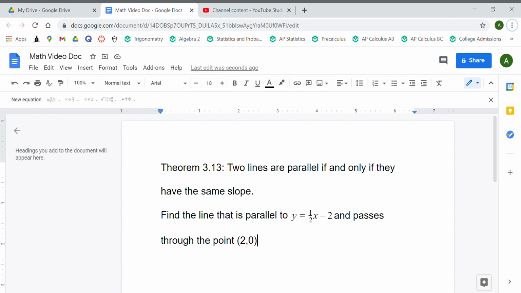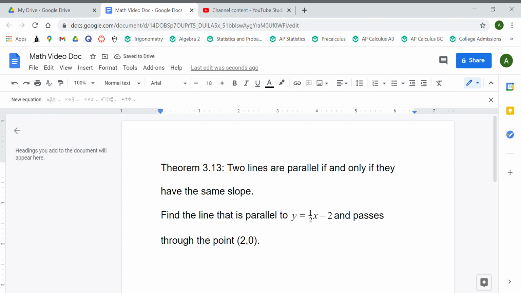If you remember one of my previous videos about writing equations, you have to use the same principle to find that parallel line.